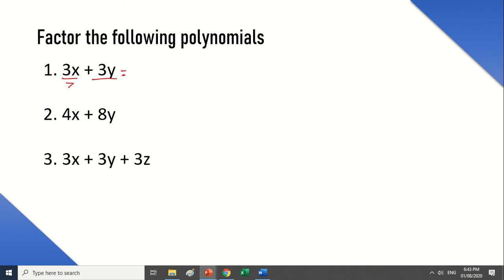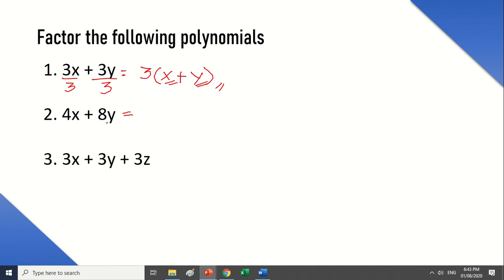So we divide both terms by 3. Then, 3x divided by 3, then 3y divided by 3. We get x and y. So this is the factored form of the expression 3x plus 3y.